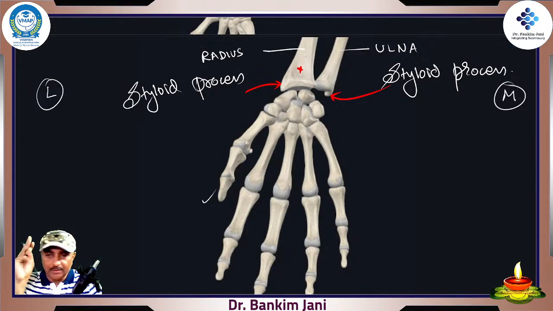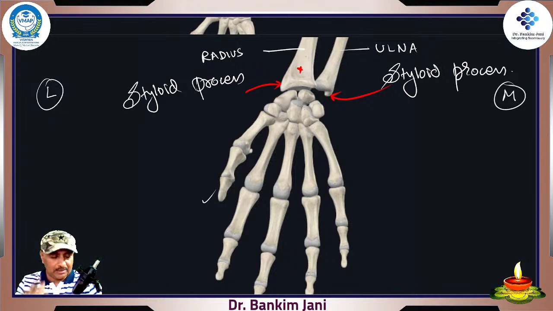Think of it in 3 ways. 1, the name of the bone. 2nd, with which bone it is communicating. When I say communicating, it means it is making a joint. And the 3rd one, who are the neighbors?